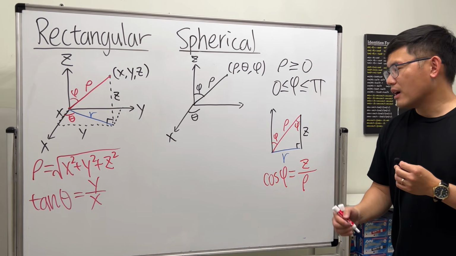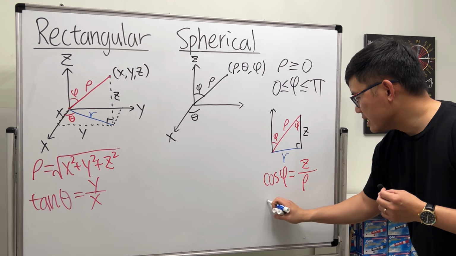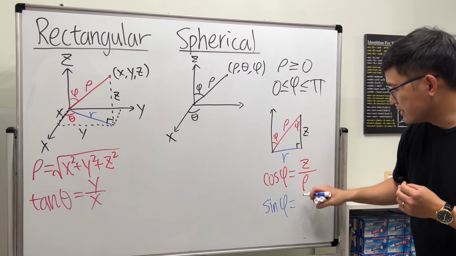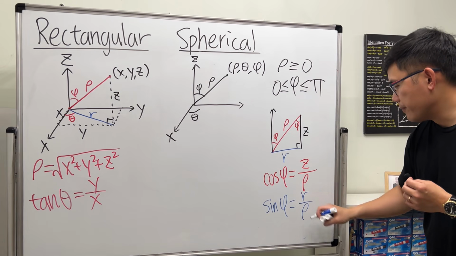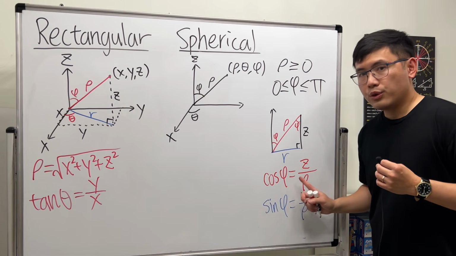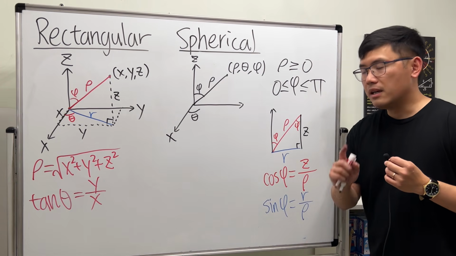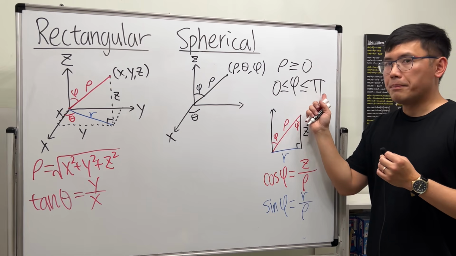And now you might be wondering, why don't we use sine? Sure, we can also say that sine phi equals opposite, which is r, over hypotenuse, which is rho. We're actually going to use cosine for the angle phi, because remember, we want the angle phi to be in between 0 and pi.